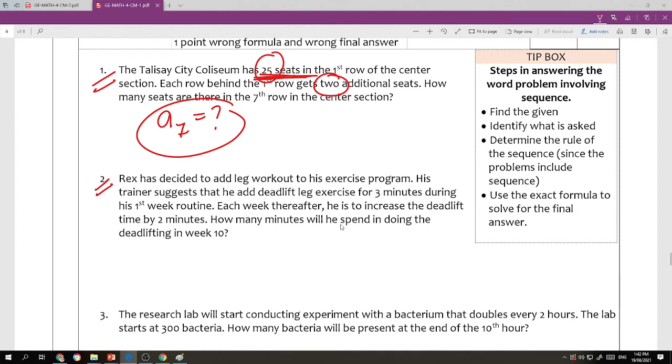Mao ni si first term. Okay? Yeah, look at this one. Each week thereafter, he is to increase the deadlift time by 2 minutes. Unsa man ning 2 minutes? Kada week, yes, unsa man ni?